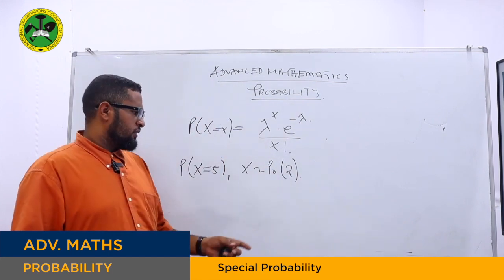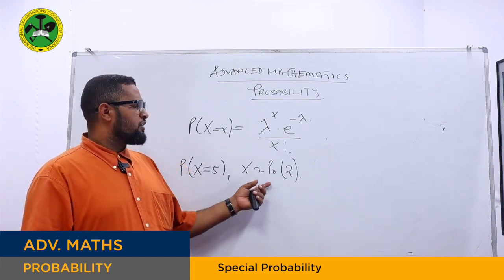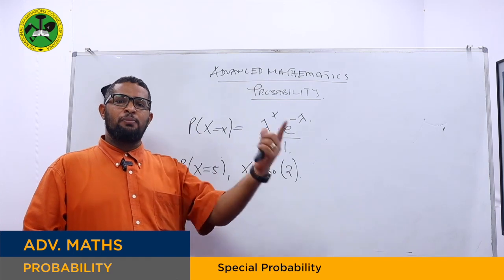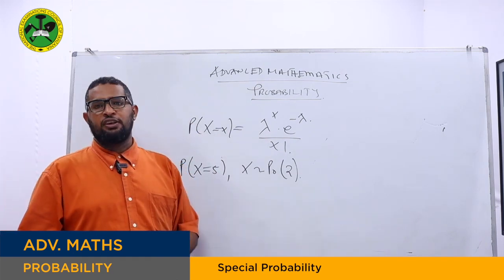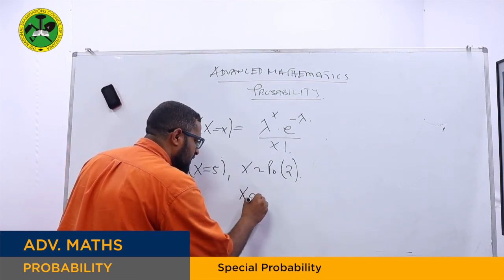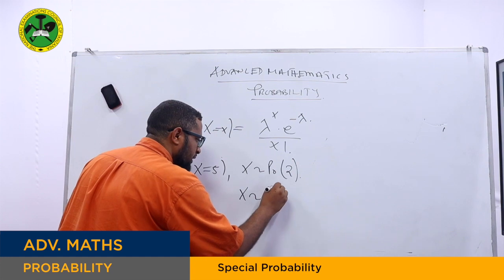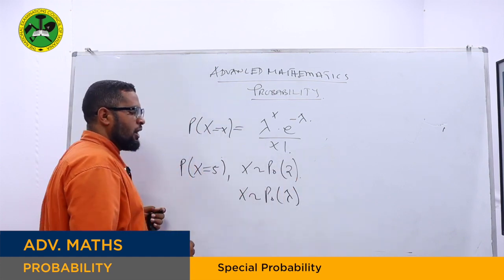Like that one in examination, you think it's very easy. If you fail to remember the formula, my dear student, you will never get this question. Now, this one is the same as writing the mean. So 2 is our mean.